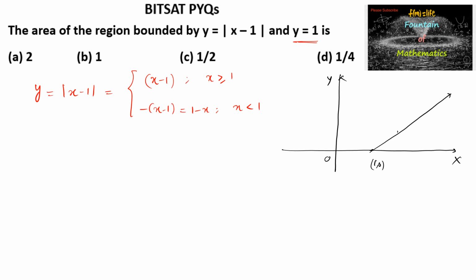This is how the graph can be taken, x minus 1, and 1 minus x is a negative slope. So in this direction, that is negative of x minus 1 or 1 minus x graph. And y is equal to 1, we can see y is equal to 1.